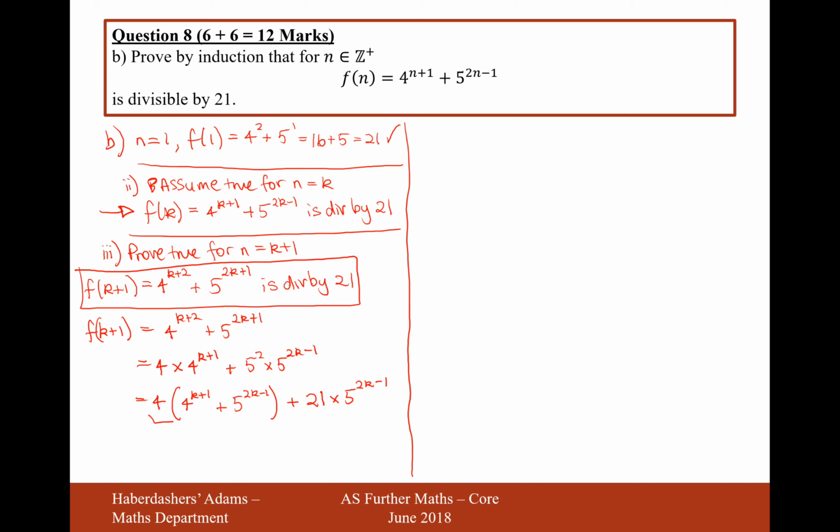And now what we can see is that we have two things that are going to be added together that are both multiples of 21. This part here is a multiple of 21, divisible by 21 from the assumption, and this bit here is divisible by 21 from a multiple of 21.